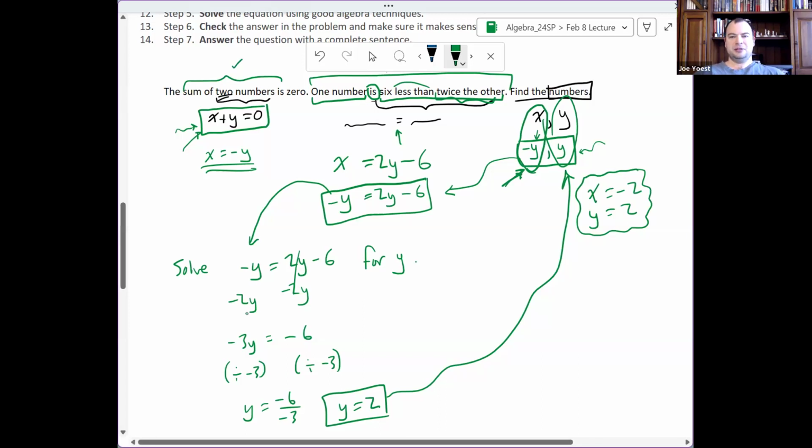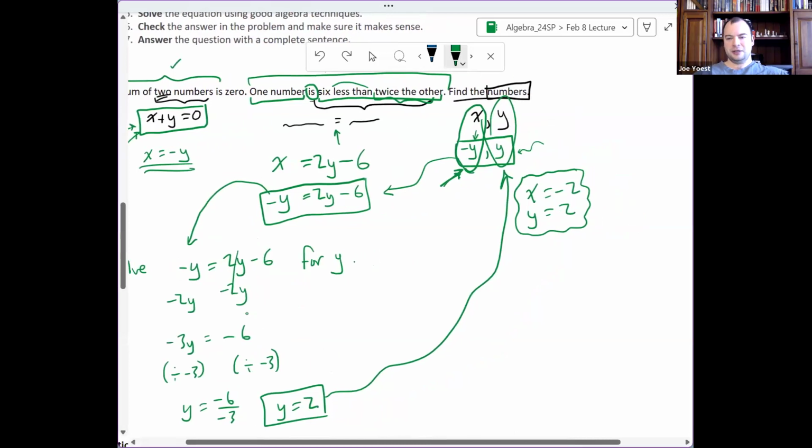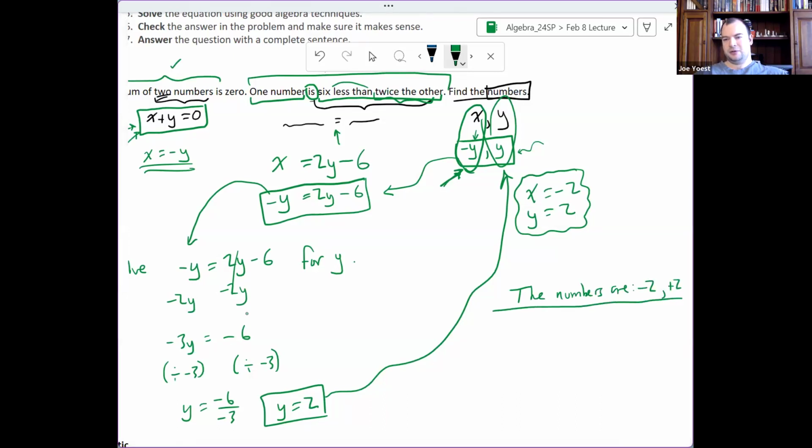Yeah, it does seem like it. Is one of these numbers 6 less than twice the other? If I double 2, I get 4. Is negative 2 6 less than 4? Yeah, that also seems correct. So I can check my answer. These are my two numbers, x equals negative 2, y equals 2. I could write in a sentence, the numbers are negative 2 and positive 2.